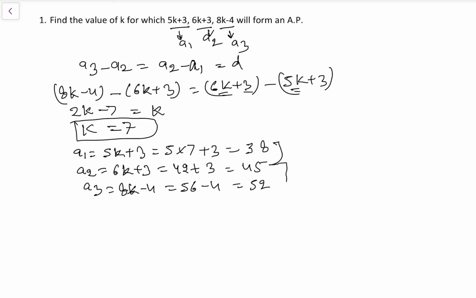So the difference between these, you can see, is 7. So our series is 38, 45 and 52, which is in arithmetic progression.